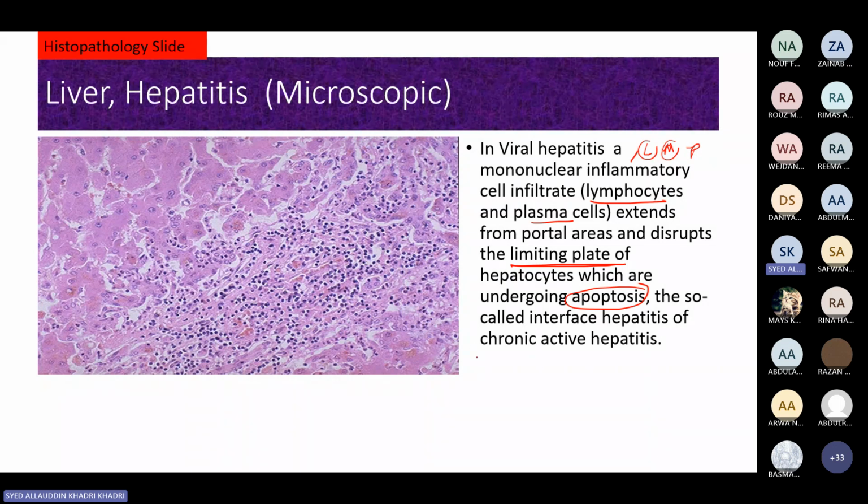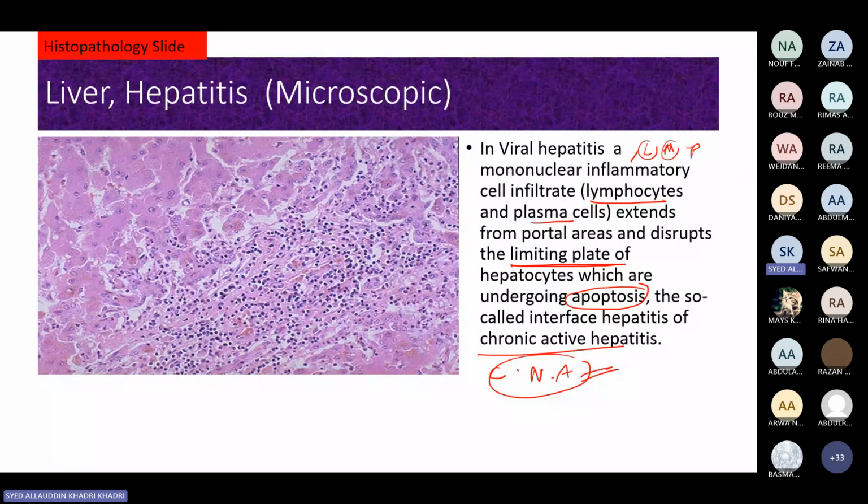What we had with Ibrahim yesterday in case number 5 is a chronic non-active hepatitis. You can see over here under the microscope a lot of small blue structures. These are basically the mononuclear inflammatory cell infiltrates, mostly lymphocytes and plasma cells.